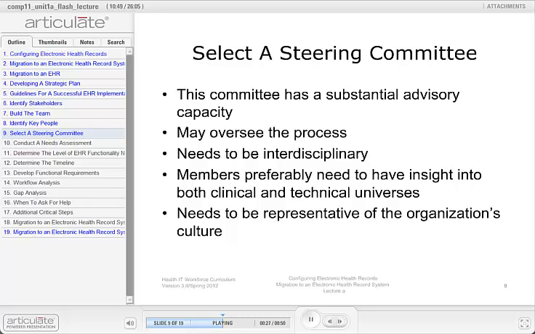In addition to its breadth of expertise and diversity of professional roles, the steering committee must be representative of the organization's culture, be sensitive to the needs of various elements and personnel within the organization, and have a thorough understanding of the organization's structure and function. They must also understand how the organization fits within the local and regional healthcare delivery infrastructure.